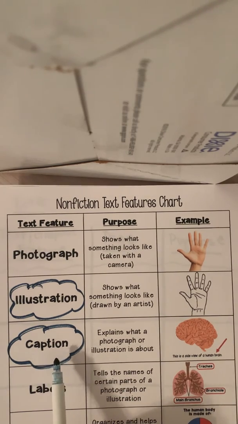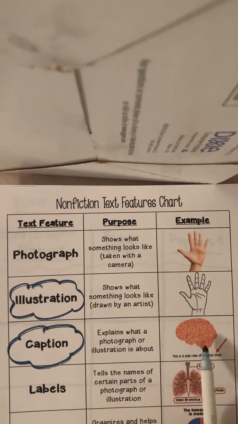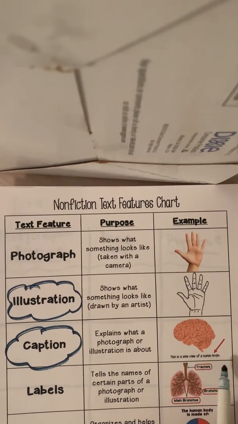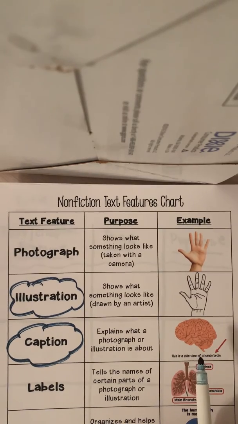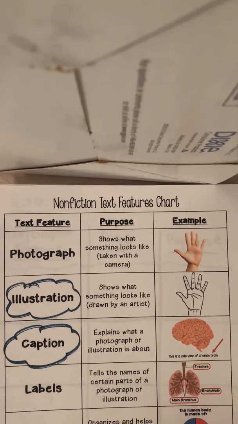And my last one is caption, and this explains what my photograph or illustration is of. So if this was my picture or my illustration, then my caption would be, this is the side view of the human brain, because it tells me what my illustration is of. And we know from our text for this week, we have lots of illustrations and captions portraying the life of the ant.